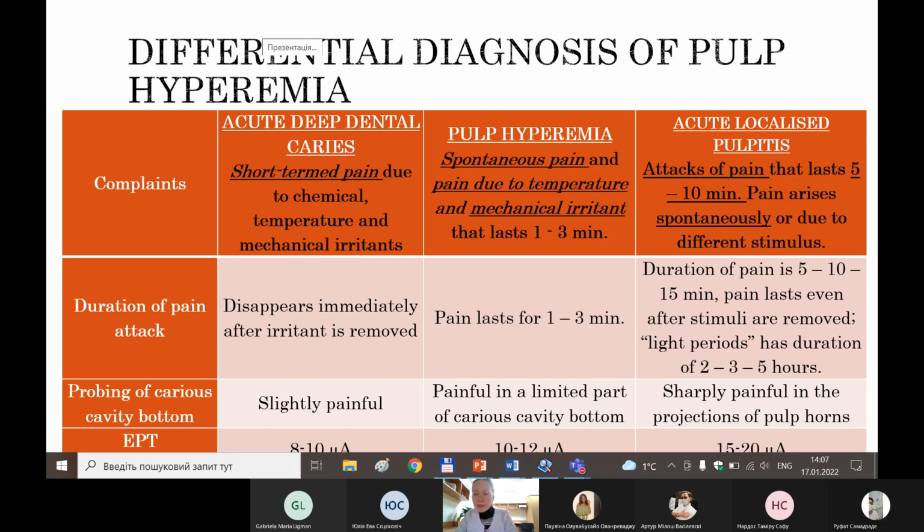And light periods, periods without pain, have a duration of 2, 3 till 5 hours. Probing of caries cavity bottom is sharply painful in the projections of pulp horns. We have one more characteristic: painful probing in the projections of pulp horns, and decreased electric pulp stimulation, 15-20 microamperes.